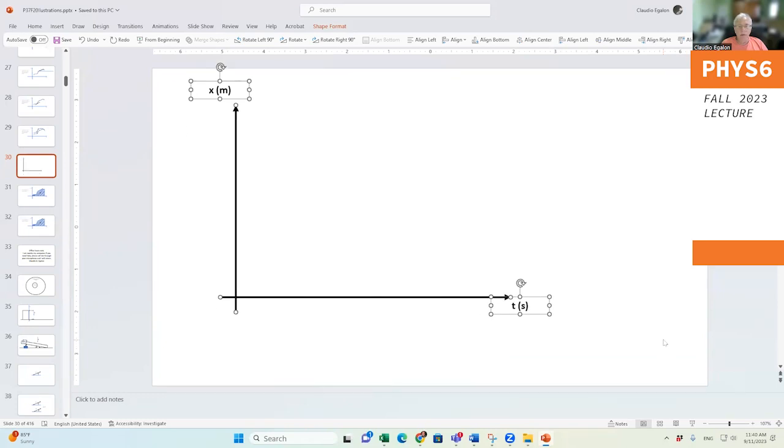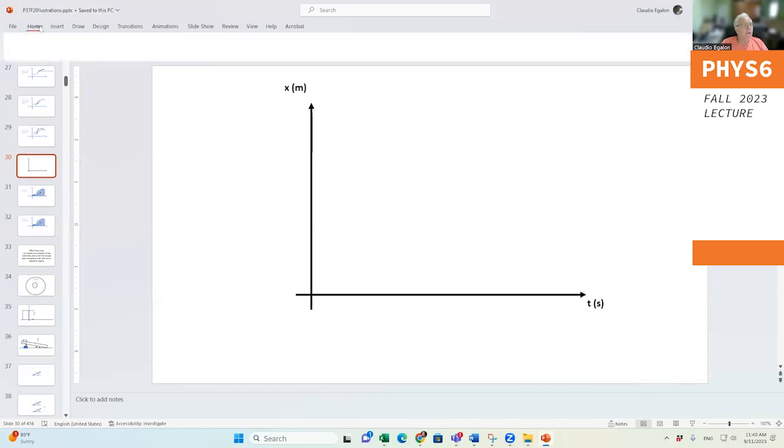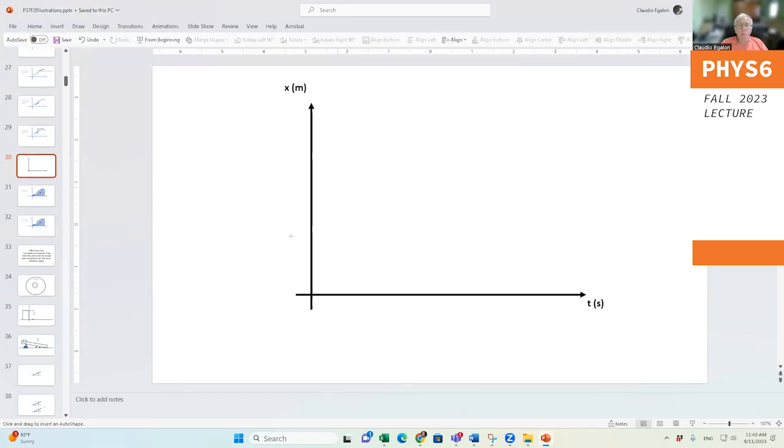So how does that equation look in an x versus t graph? It looks just like a straight line, like that. Constant slope. Do you see it's constant slope? Constant slope means constant velocity.